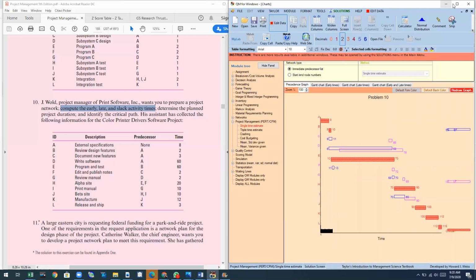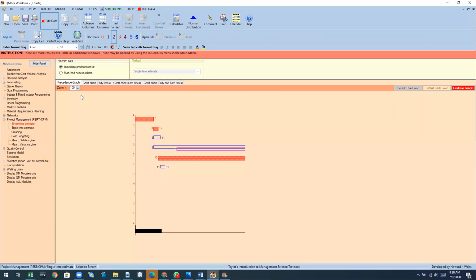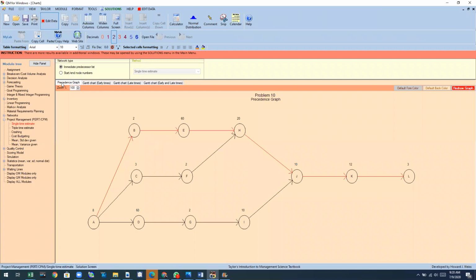Okay, and then we click chart, and here we have a few charts. If you click on the first chart, precedence graph, this gives us the project network. It gives us the precedence chart.